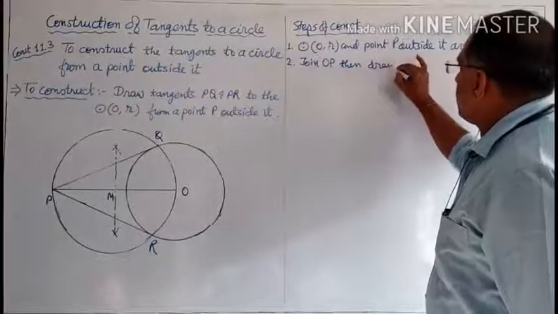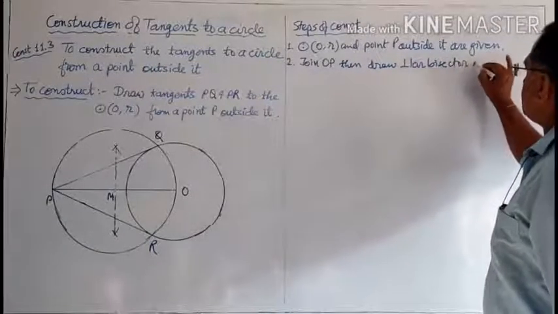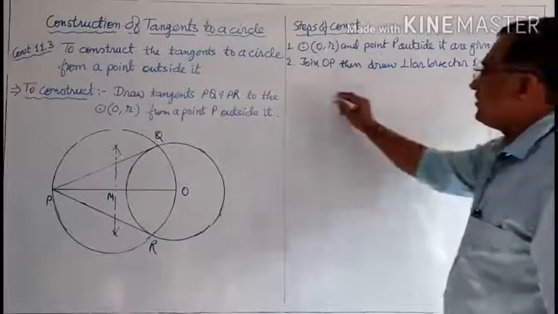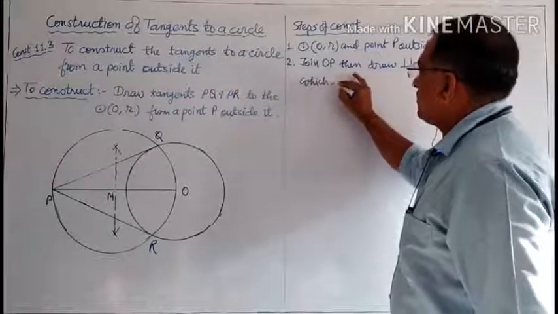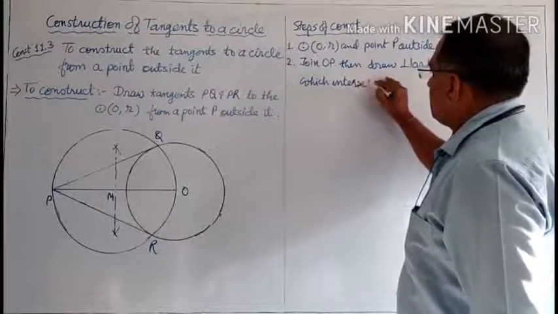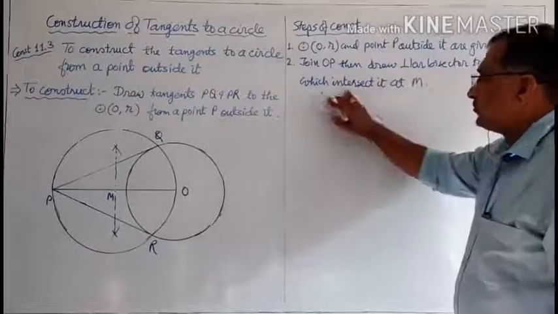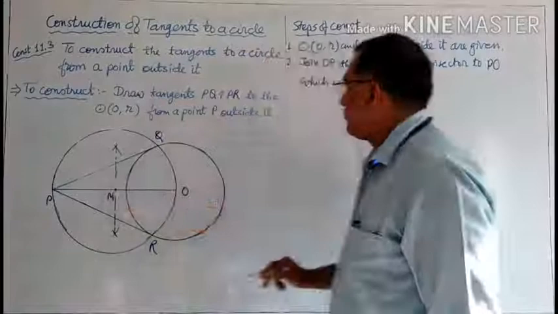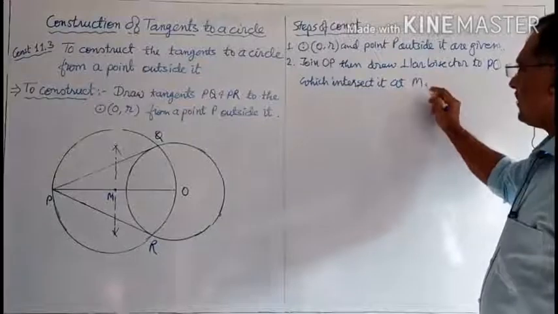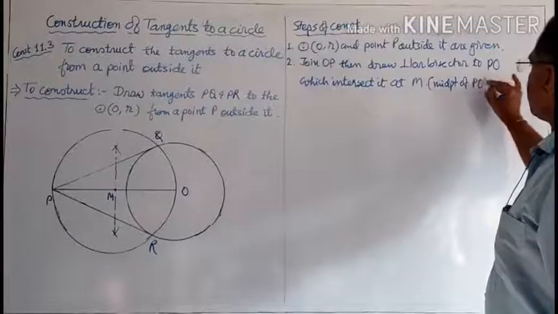Then draw the perpendicular bisector of line segment PO, which intersects it at M. So we get the point M, the midpoint of line segment PO.